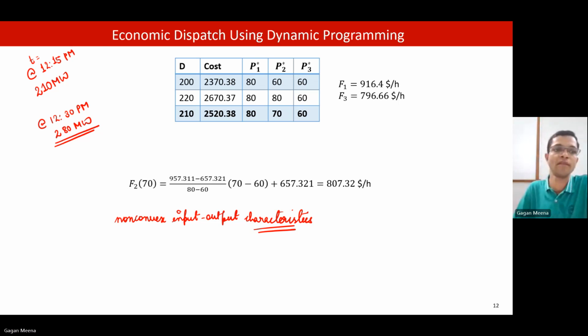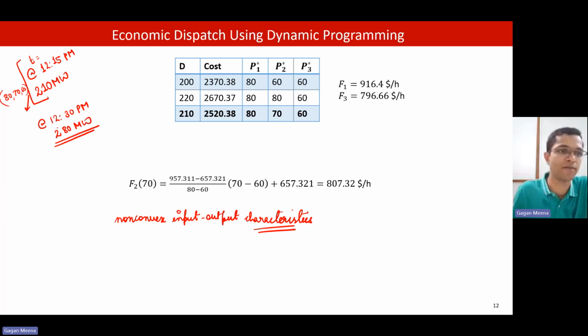Let us assume that for this one, we have already calculated the economic dispatch at 12:15. This was the load requirement, and P1 comes out to be 80, P2 comes out to be 70, and P3 comes out to be 60.